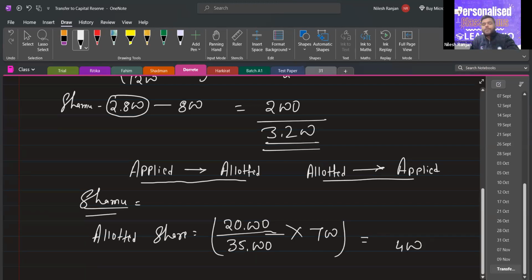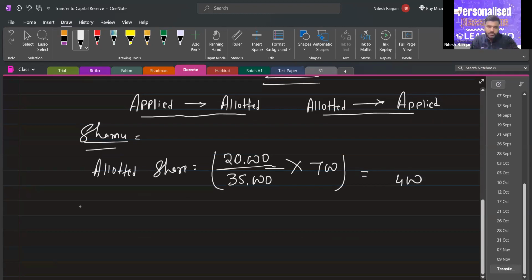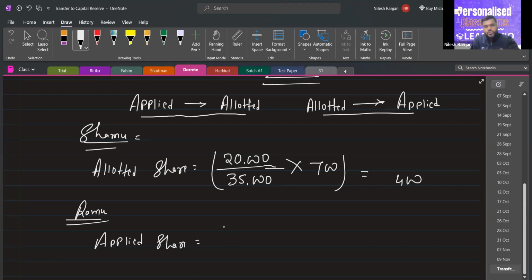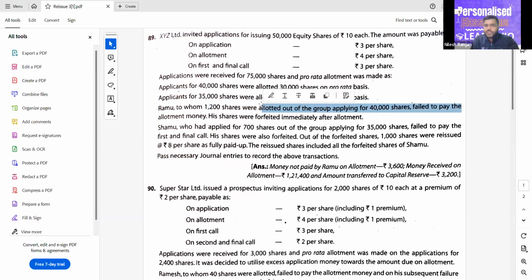Okay. In case of Ramu, I'm calculating applied share, because Ramu's allotted share is given. So in case of Ramu, 1,200 shares were allotted, and his group applied for 45,000 shares, means this group, a 40,000, 30,000 combination.